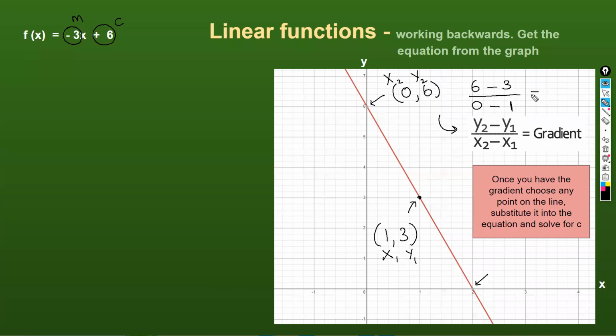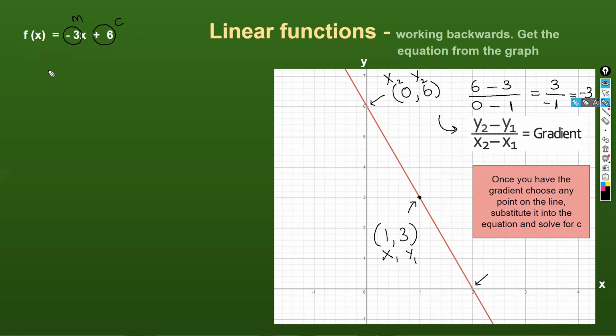So 6 minus 3 is +3, but 0 minus 1 is -1. So 3 divided by -1 is -3. So you gotta be careful about the signs, huh? For those who got +3, let's just check back your work. It's a real small error you're making.